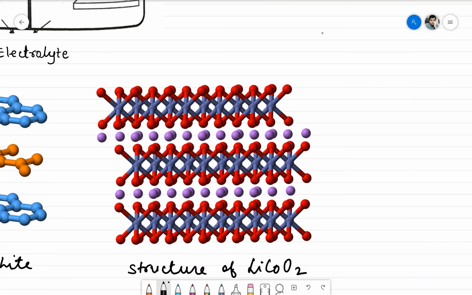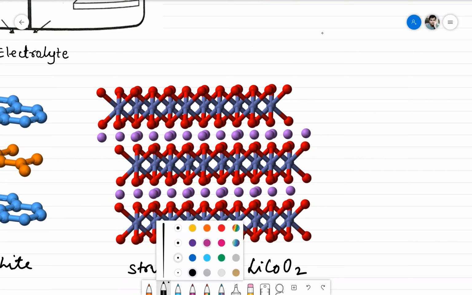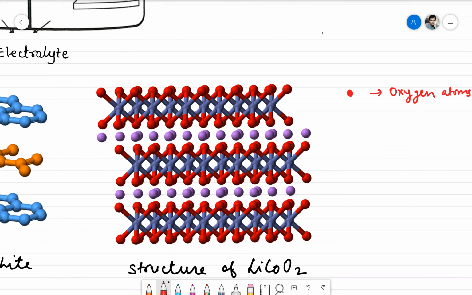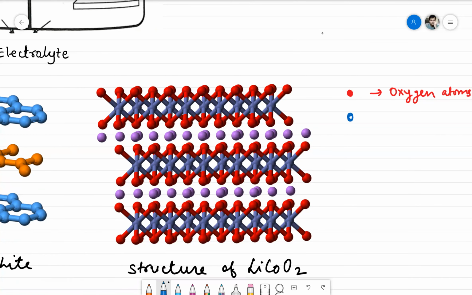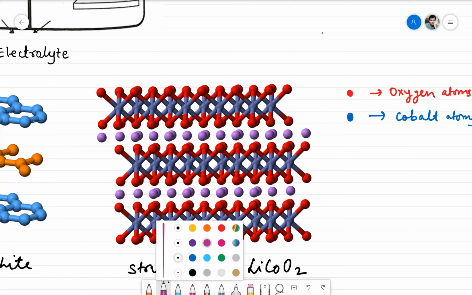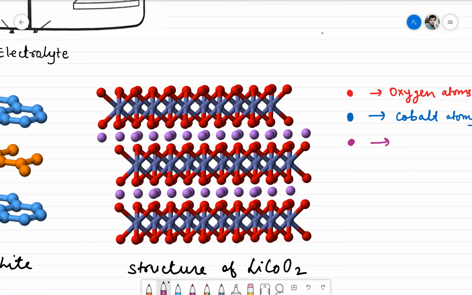Here the red atoms are oxygen atoms, the blue ones are cobalt ions, cobalt atoms, and the purple ones are lithium ions, monovalent lithium ions.